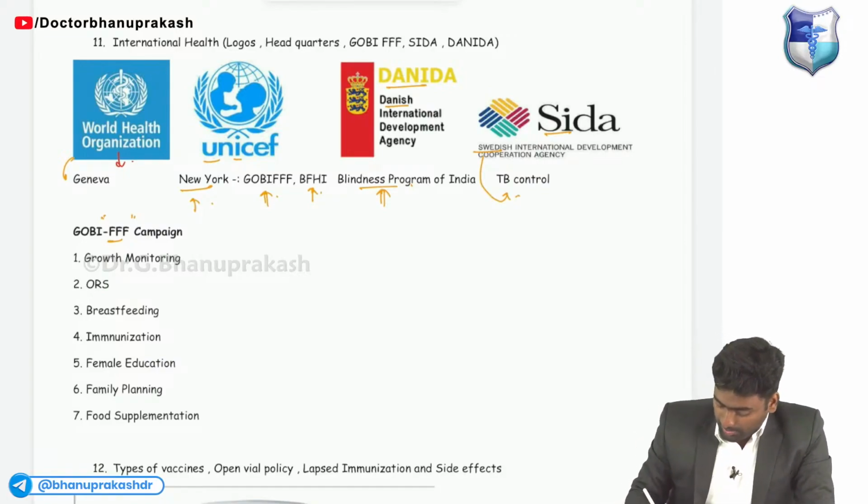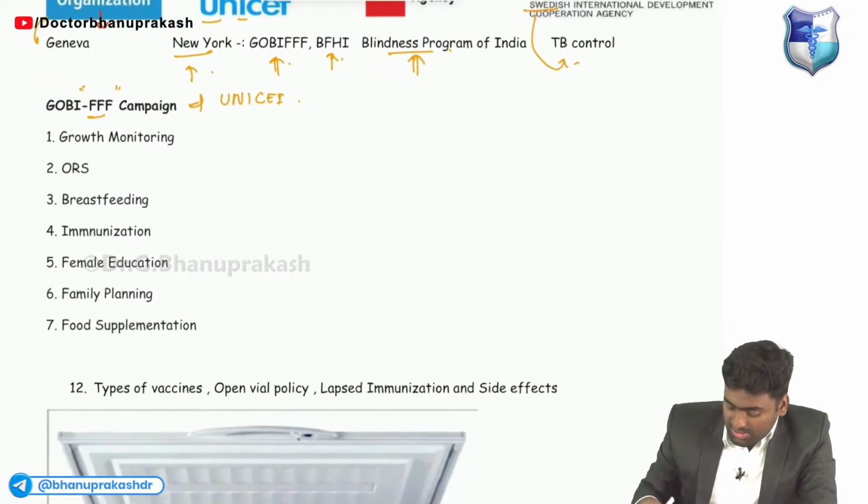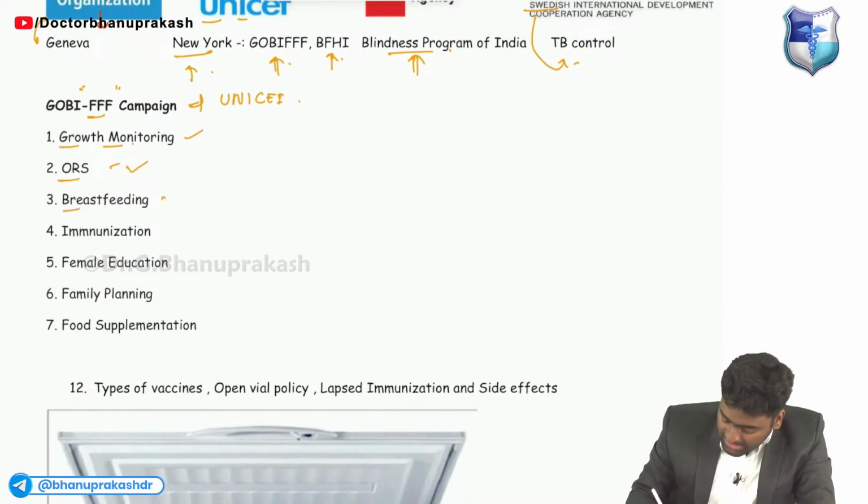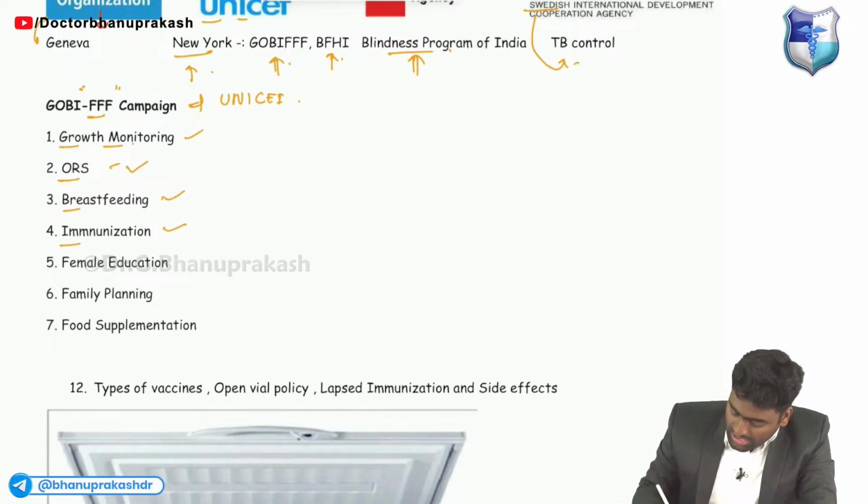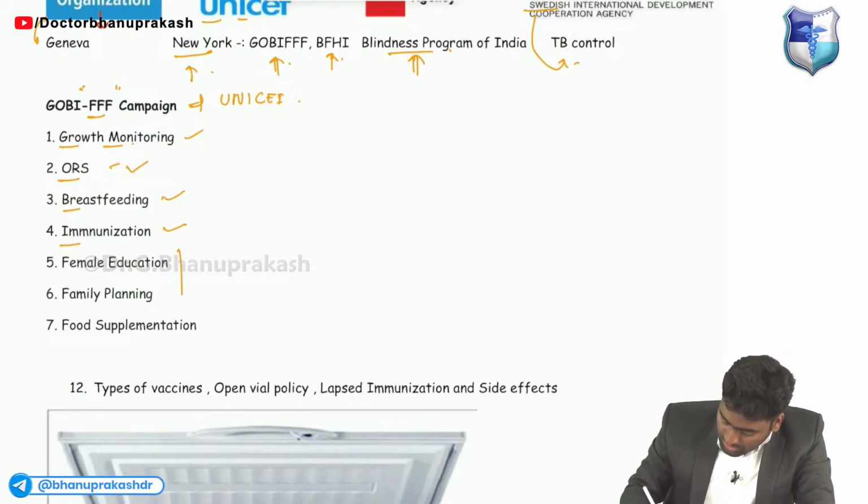Fine. As I told you, this Gobi Triple F is under UNICEF, and this includes the Gobi: growth monitoring of the child, providing ORS to them, breastfeeding them, and immunizing them, and also 2 things which are necessary. What are they?